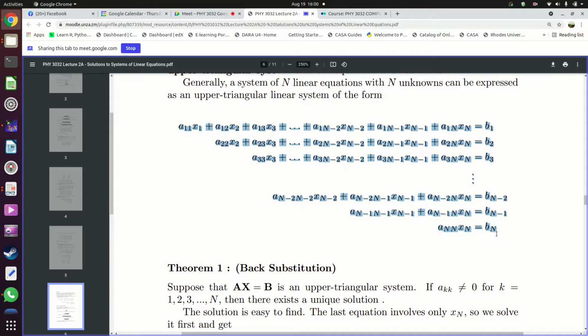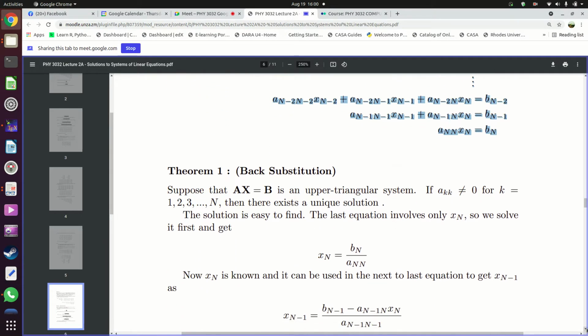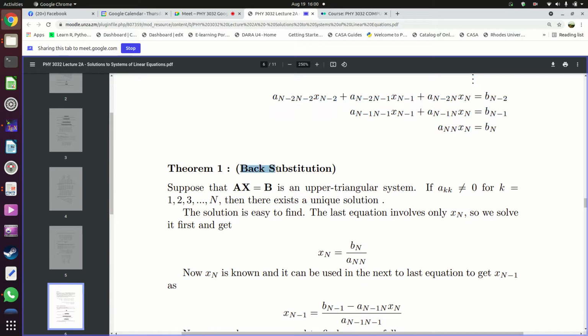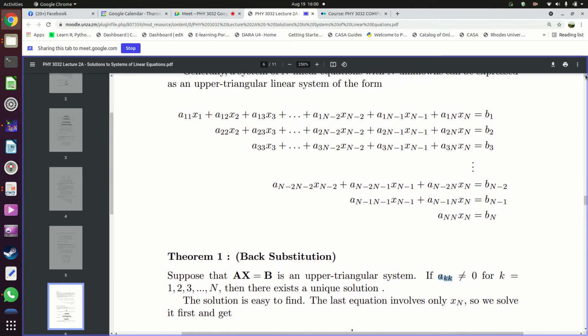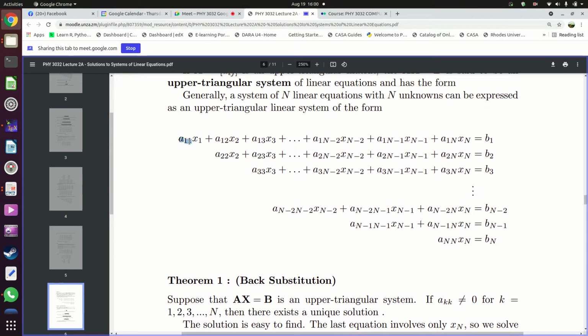Okay. Now, for this whole thing to work, you can have an upper triangular system, fine. However, for back substitution to be done, you need to make sure that the elements in your upper triangular matrix where the row number is equal to the column number, these A11, A22, A33, these guys, AKK, cannot be equal to 0.